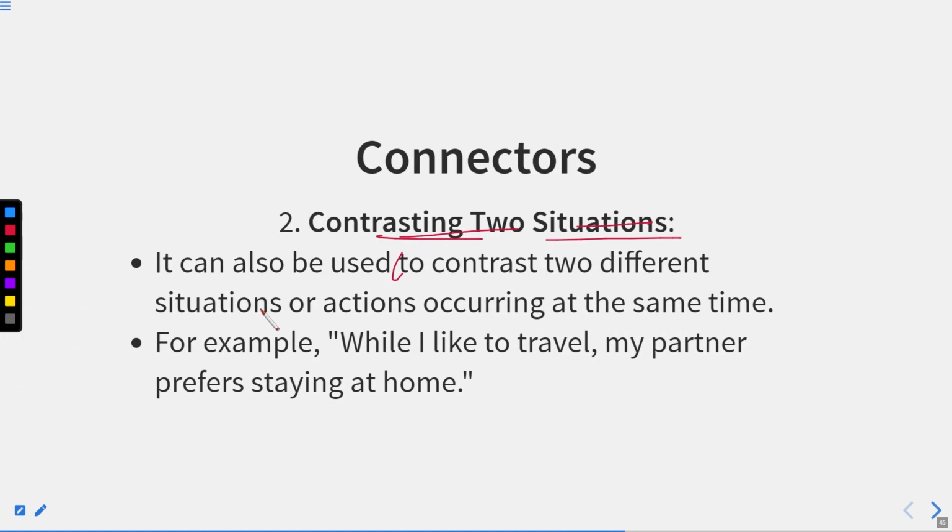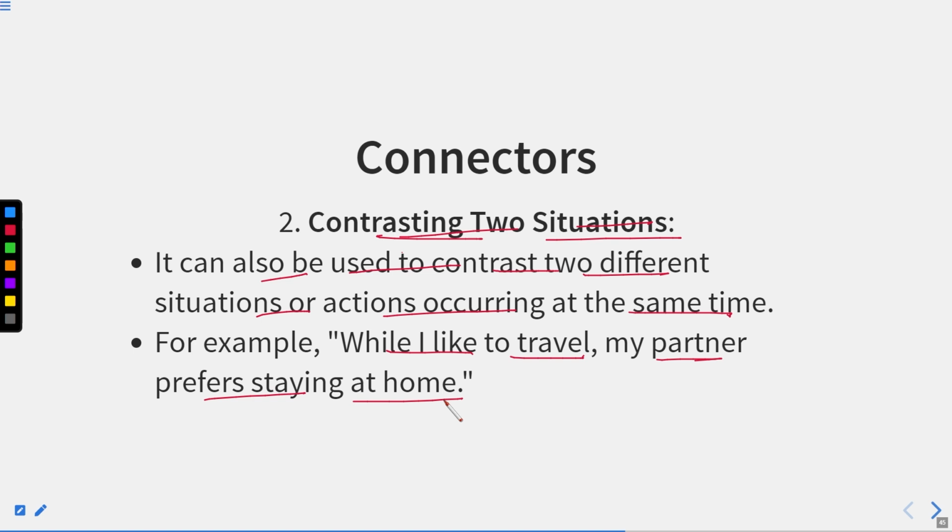Now, contrasting two situations. It can also be used to contrast two different situations or actions occurring at the same time. While I like to travel, my partner prefers staying at home. It means while shows two actions which are making the difference in two things or in the choices of two different people.